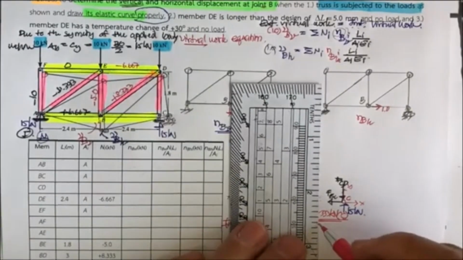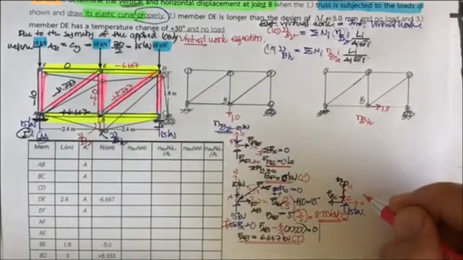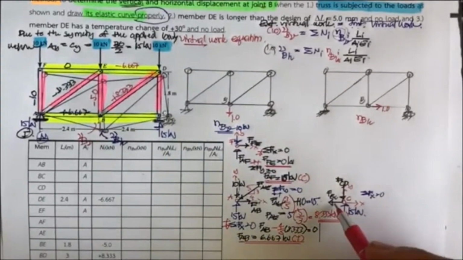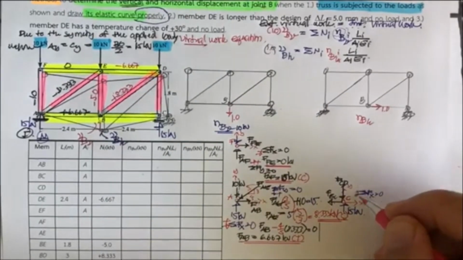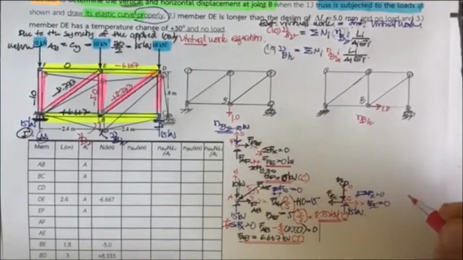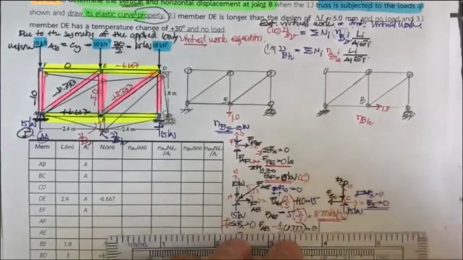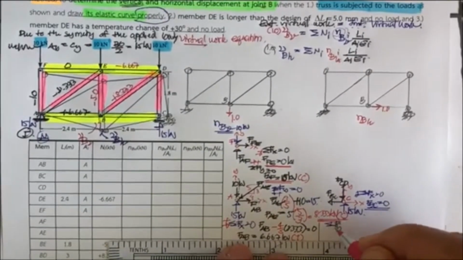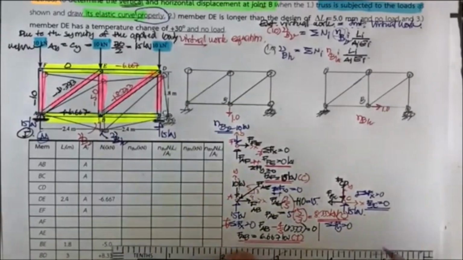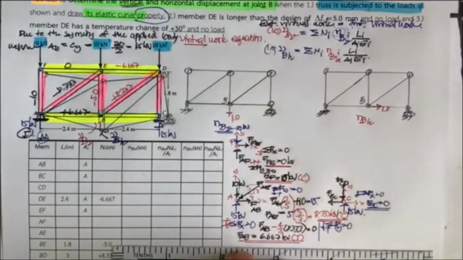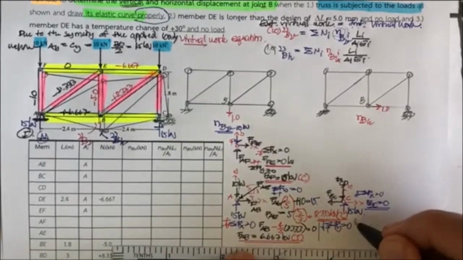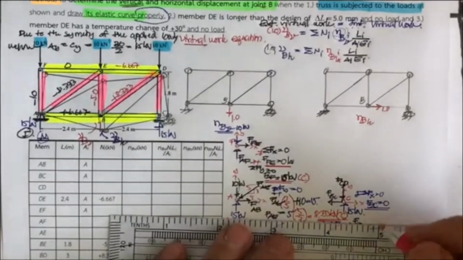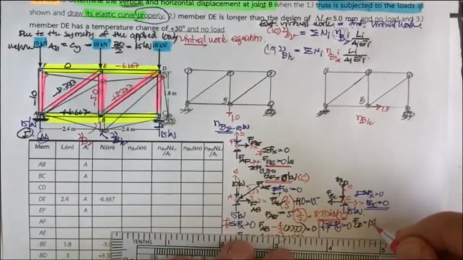Okay, if you do this, you may use the summation of F sub x equal to 0. And then what you get is F sub BC equal to 0 because there is no horizontal force. And then if you use F sub y equal to 0, this time downward is positive. So you got F sub CD downward, this is upward, equal to 15 kilonewton.